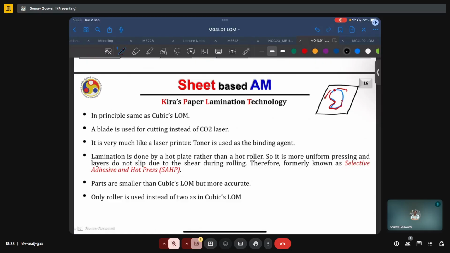Now, when I try to do the same thing with a mechanical knife, typically this knife will have only one sharp edge.